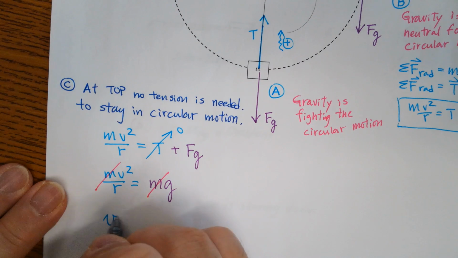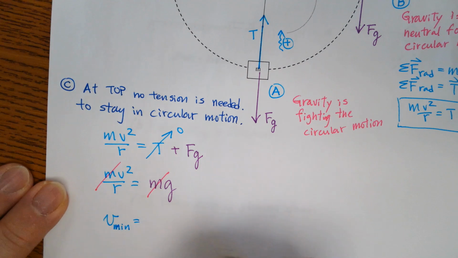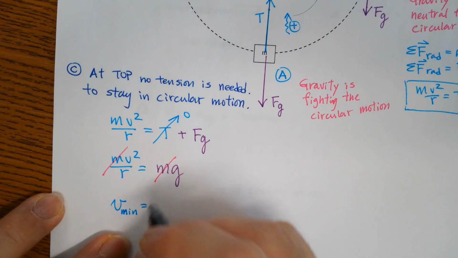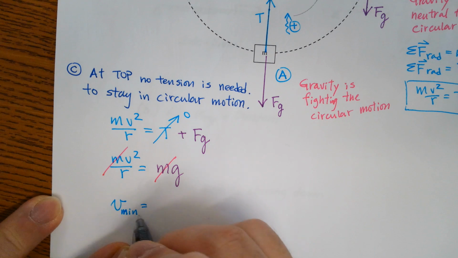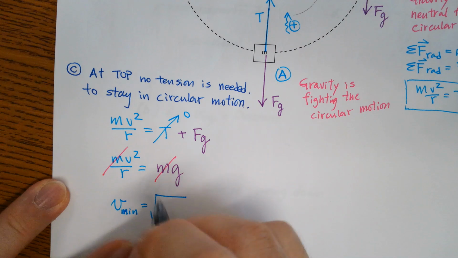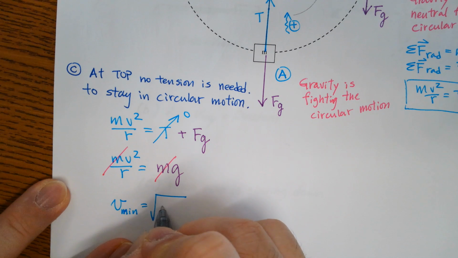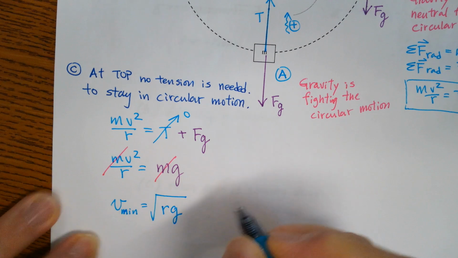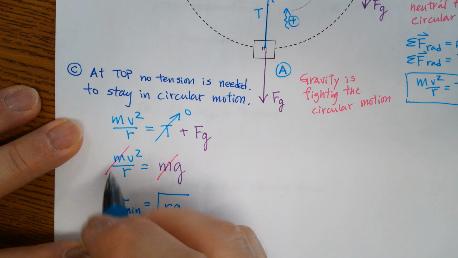So V minimum, the minimum speed needed to go around the circular motion without a tension, is equal to the square root of rg.